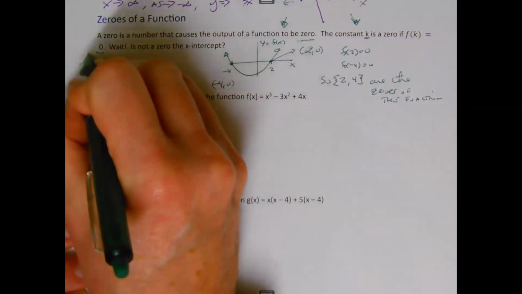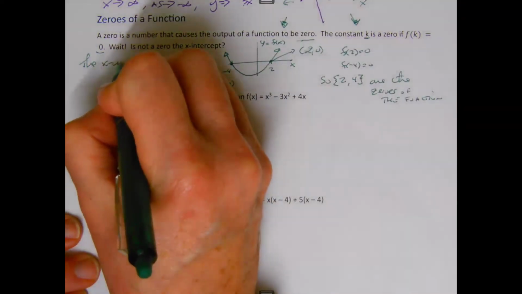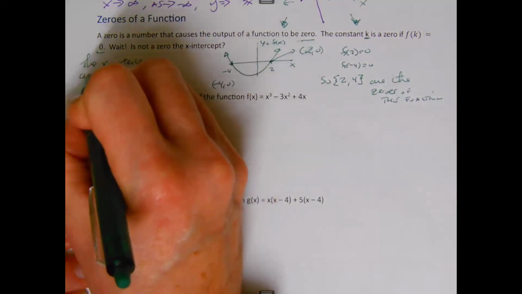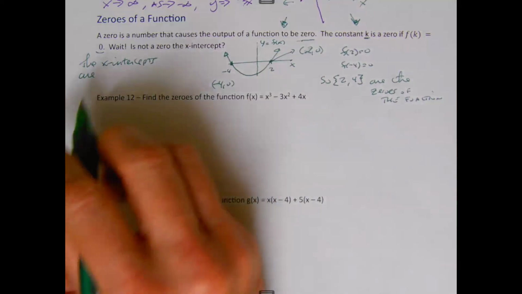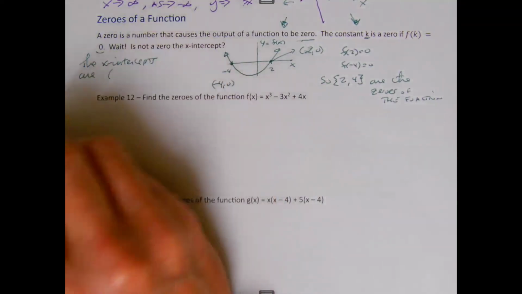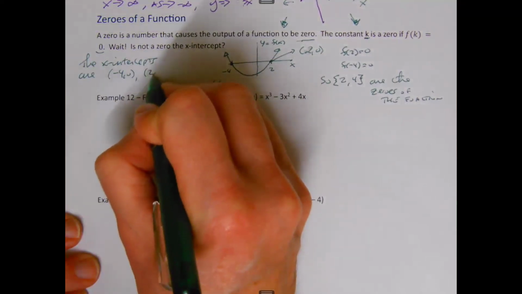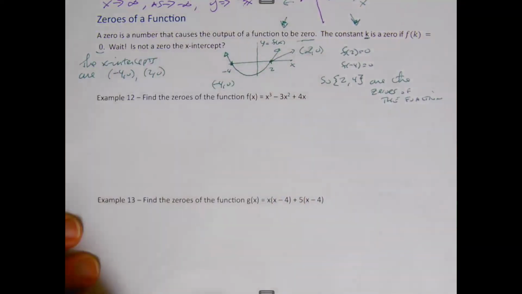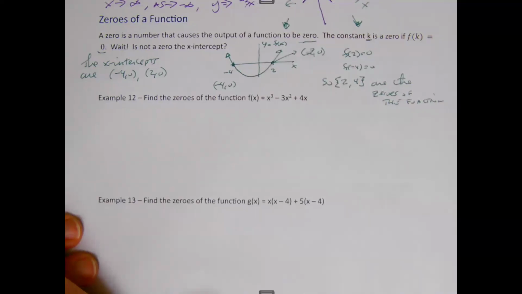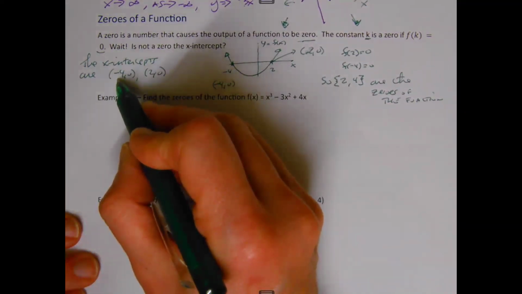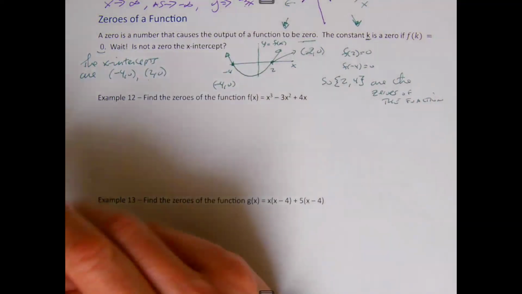The x-intercepts are -4, 0 and 2, 0. So you might have experienced sometime in your past when they were asking for the x-intercept, that maybe you had a textbook or something, other format, and all it listed was -4 and 2 as the x-intercepts.